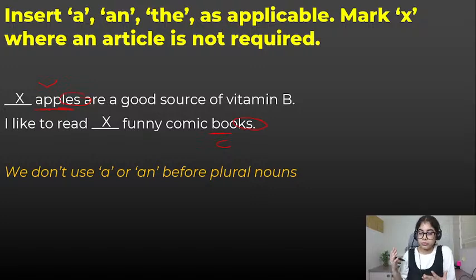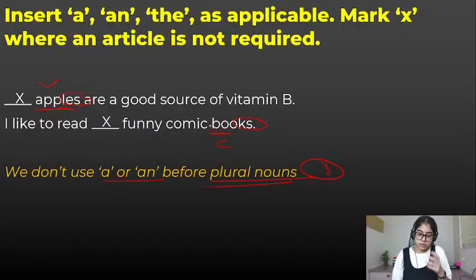So the first and foremost, the most basic rule is you do not use a or an before plural nouns, before plural and general nouns. Now, you must be asking yourself, why did you focus on books and why not funny?